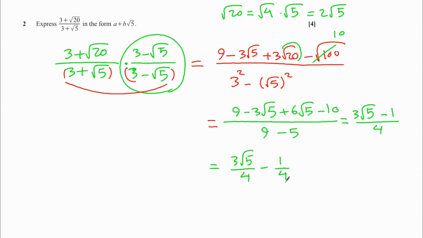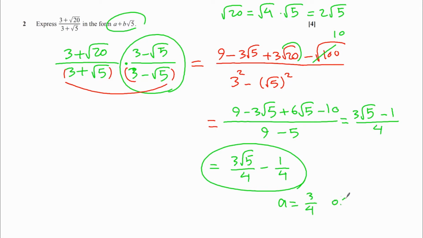Comparing the answer I have here with the required form, my a is equal to minus 1 over 4, and b equals 3 over 4, which is 0.75.